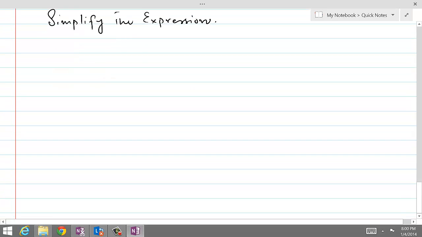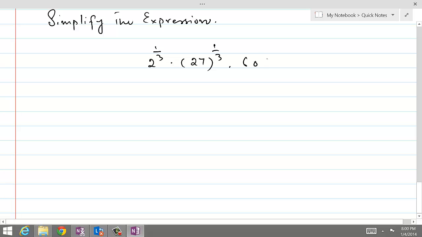This expression is 2 power 1 over 3 times 27 power 1 over 3 times 60 power 1 over 2, divided by 180 power 1 over 2 times 4 power minus 1 over 3 times 9 power 1 over 4.